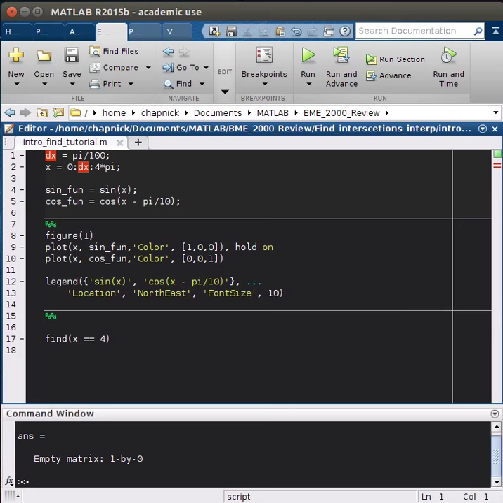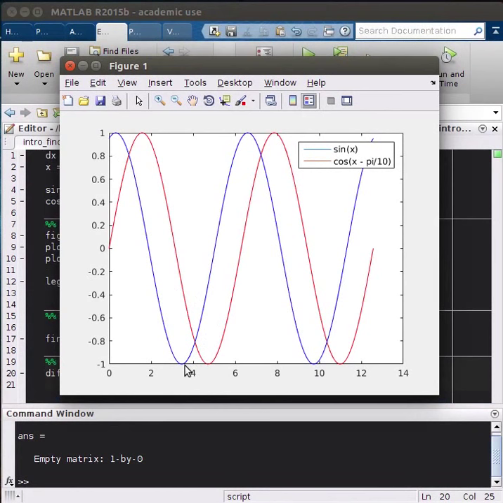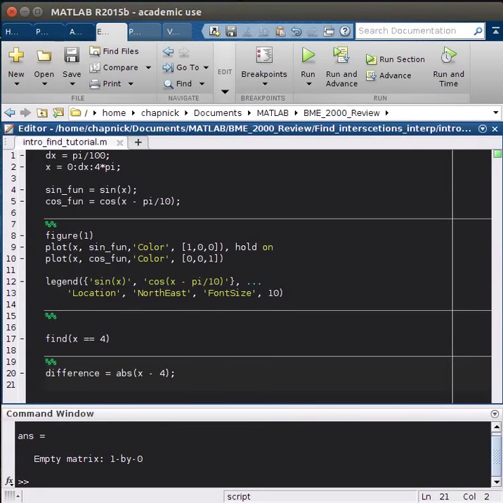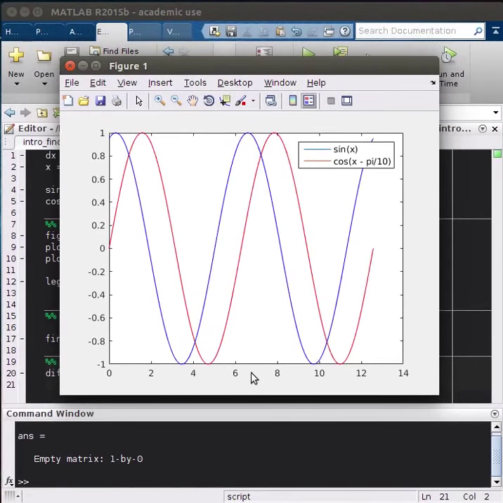The way that we can get around that is by looking for the minimum difference between each value of x and 4. If that doesn't make a whole lot of sense, let's see if I can explain it. Let's instead say difference equals absolute value of x minus 4. The reason that we chose an absolute value is we want to look at values both to the left and to the right. I don't know if that makes sense conceptually, but if not, try to think about why it does.